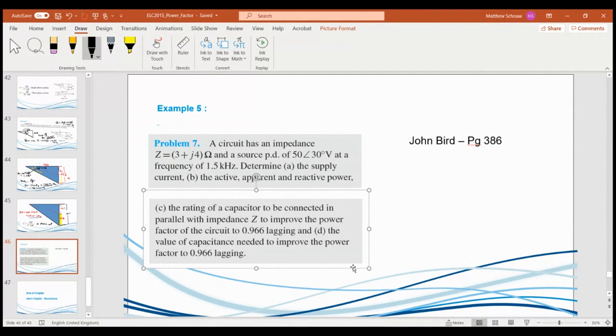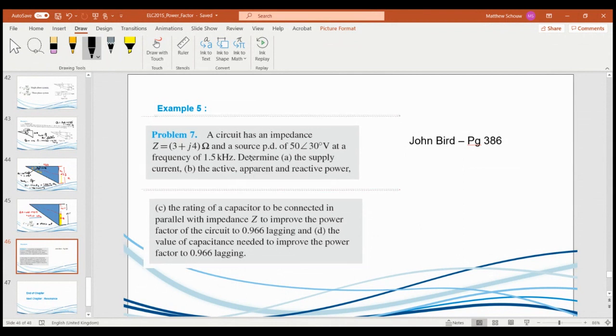They give you a circuit with the impedance, frequency, voltage source, and the current, and what they're requesting is for you to improve the power factor to 0.966. When they say the rating of the capacitor in part C, they mean in VAR, and D would be the actual value of the capacitance.